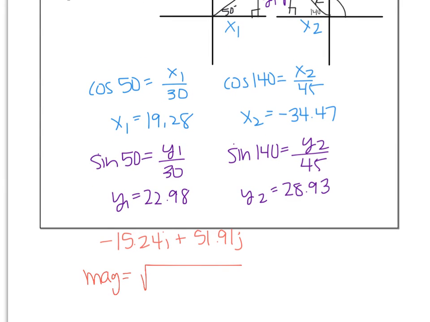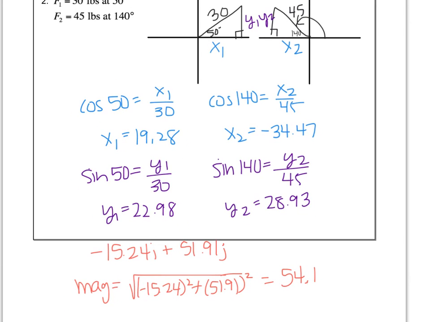So the magnitude is going to be the square root of that guy squared plus that guy squared. And just let your calculator do all the work. Just be careful with the negative. If you don't put it in parentheses, it'll calculate it wrong. So I sometimes just drop the negative and put it in as a positive so that it'll calculate it correctly. We get 54.1 pounds.